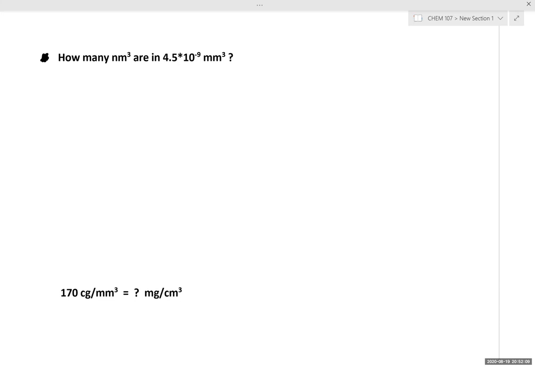And just make sure that when you're performing these unit conversions, that you cancel out each component of the cubic unit. And we'll discuss this example in about another 2 minutes.